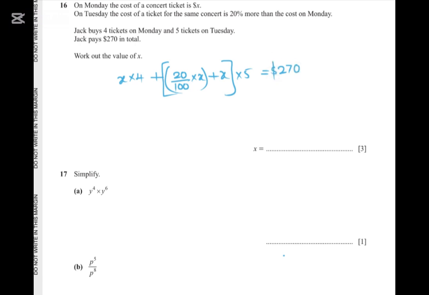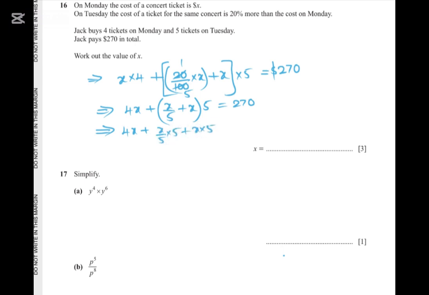Now simplify the expression. 4x plus 20 by 100 will be 1 by 5, so x by 5 plus x, multiplied by 5 is equal to 270. 4x plus x by 5 into 5 plus x into 5.